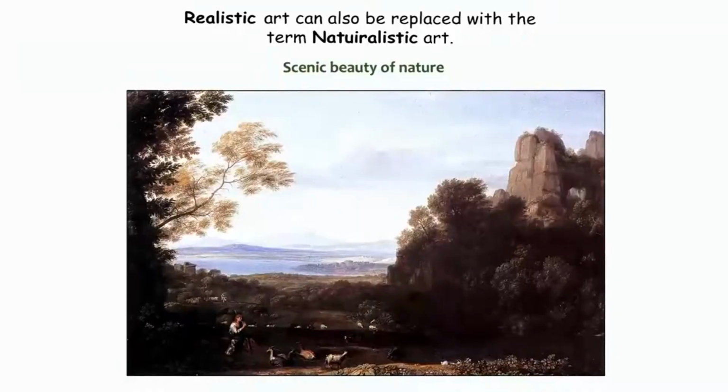We have mentioned this concept of illusionism in one of our previous lectures, and now we shall see some variants of it. Since realistic term can also be replaced with the term naturalistic art, then let us see some of the main categories of realistic art that dominated the history of Western art for a long time.